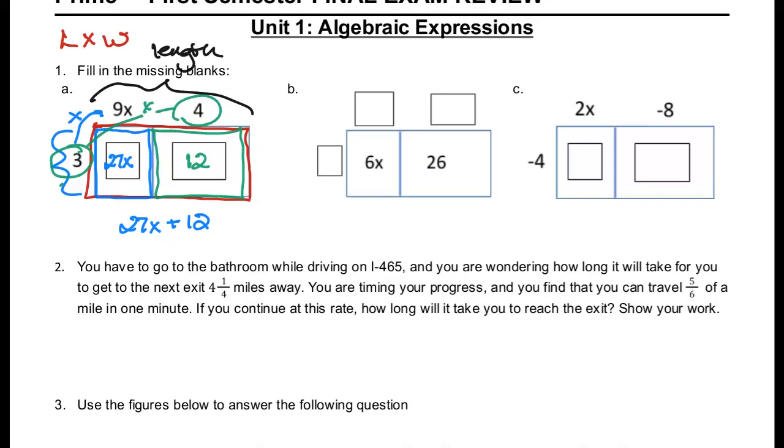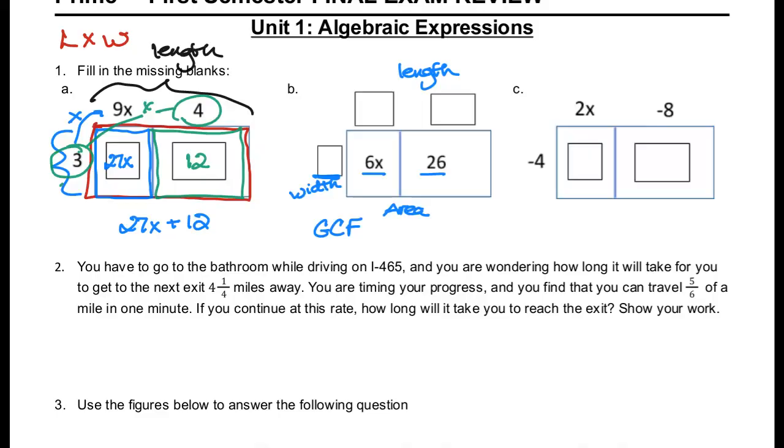All right, how about letter B? Now, letter B, they give you the area, and you have to come up with the width, which is common to both, and the length. So when you have that width that is common to both, what do we call that? It's looking for the greatest common factor. So what is the greatest common factor of 6x and 26?